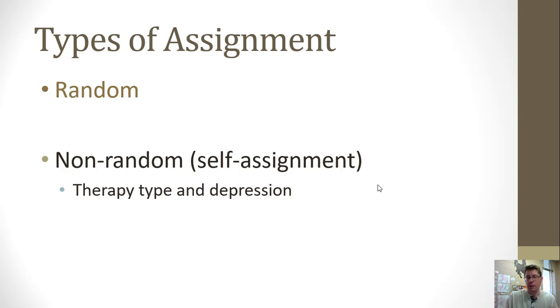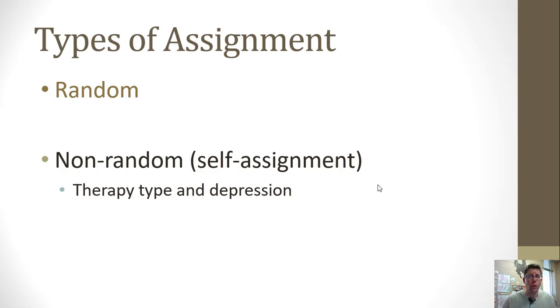It might be, and I'm making this up, that you're more intelligent folks, or folks that are more savvy about therapy. They self-select cognitive therapy because they know that research shows that it's pretty effective, whereas people who know less about therapy choose the humanistic therapy.